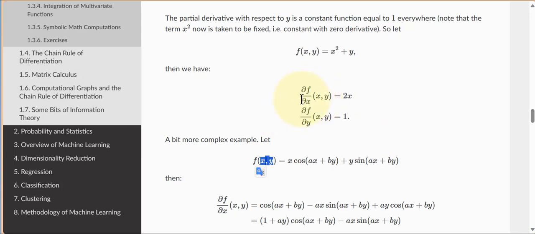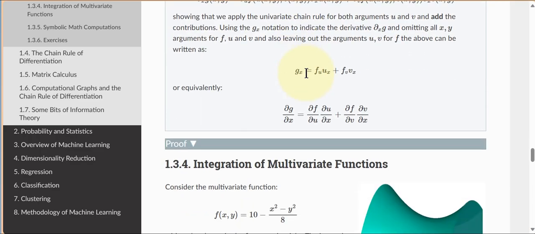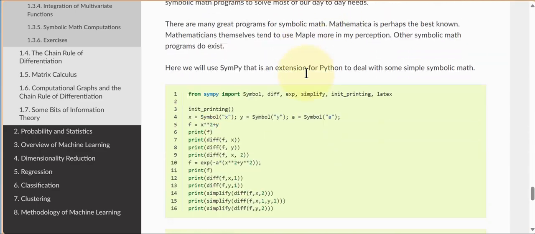We can use the same kind of idea. We can take the derivative with respect to one, and then the derivative with respect to the other. Okay, let's just keep going.